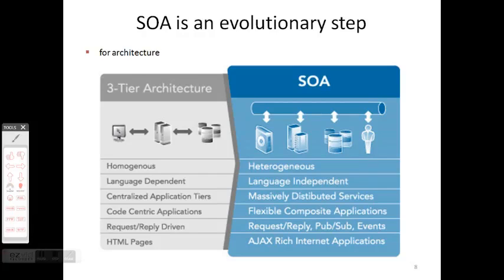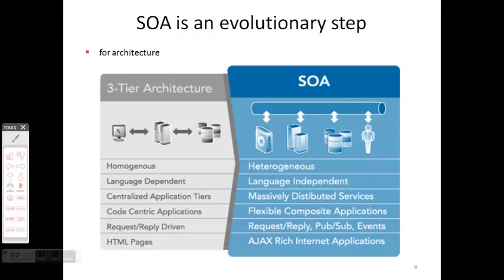Now a little bit of history of how we got here and how we got to the acceptance of service-oriented architecture. Before, applications in enterprises were developed using different frameworks like tiered and multi-tiered applications.